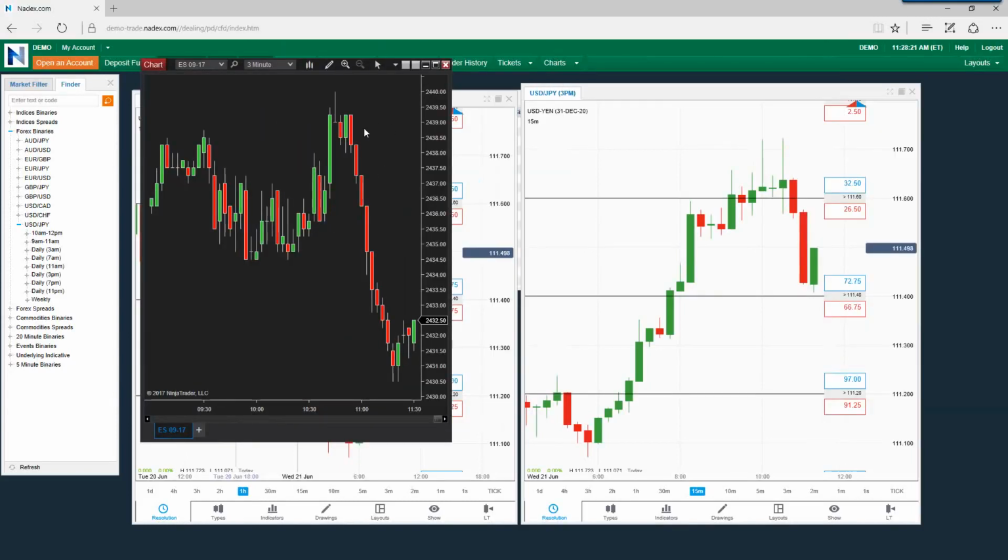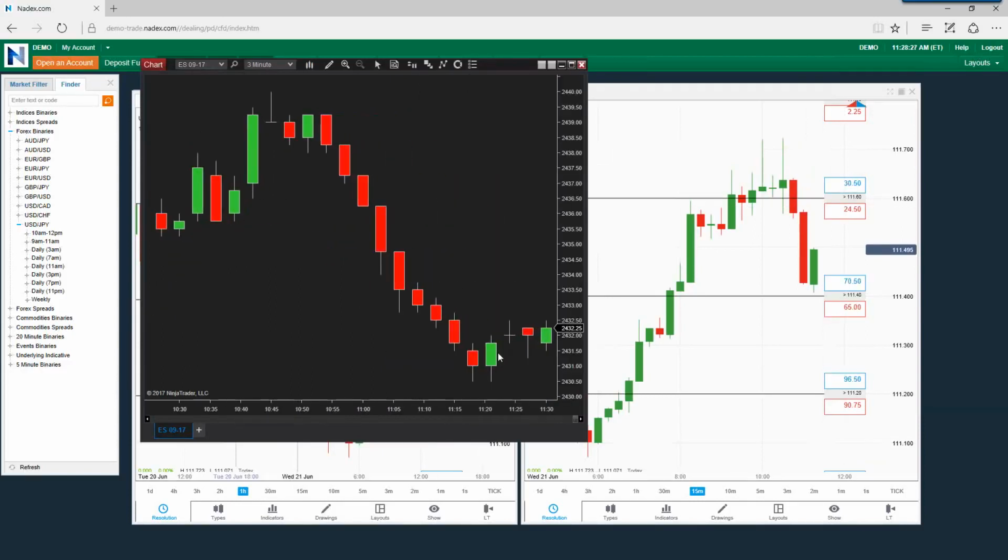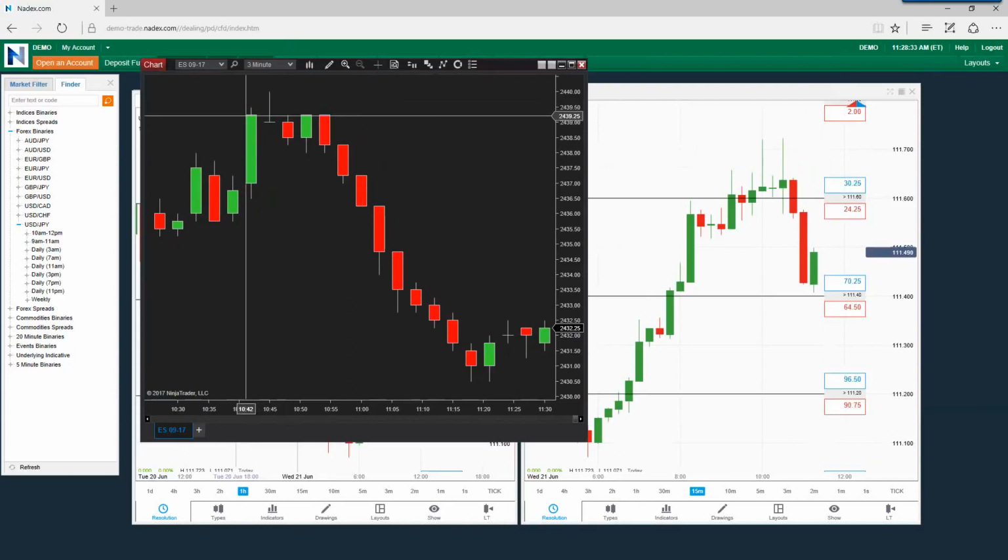Now this is the ES, and actually you can even see it today. If you're looking at this bar closed here at 24.39.25, but it opened at 24.39 on this bar, which started at 10:30.